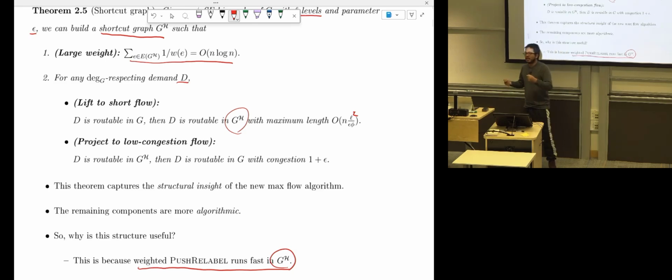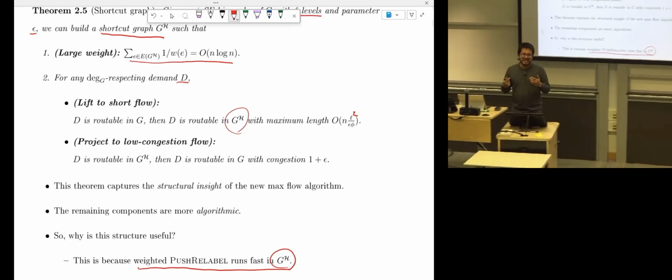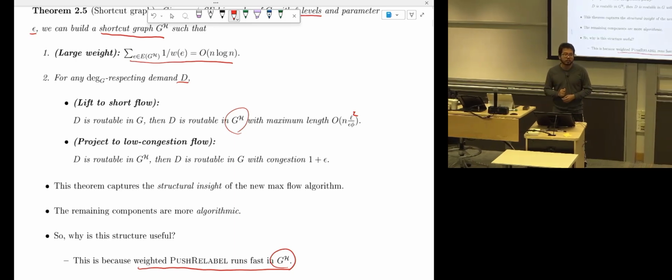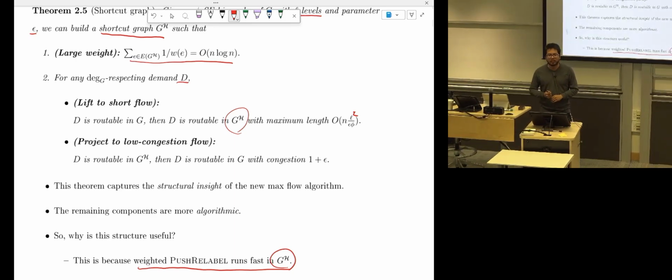And the thing is that with push-relabel, you have seen that if you just want to find a flow that is competitive with short flow, then you can compute that fast. We basically use that.